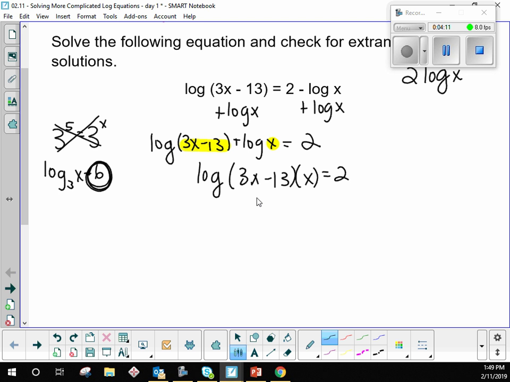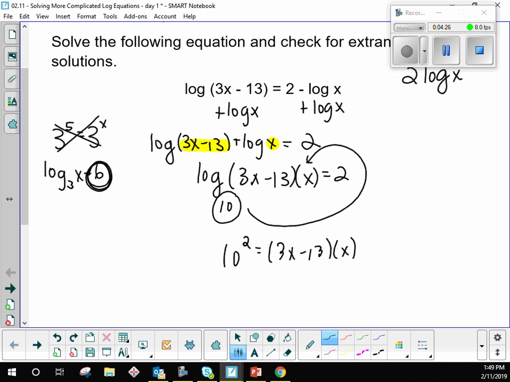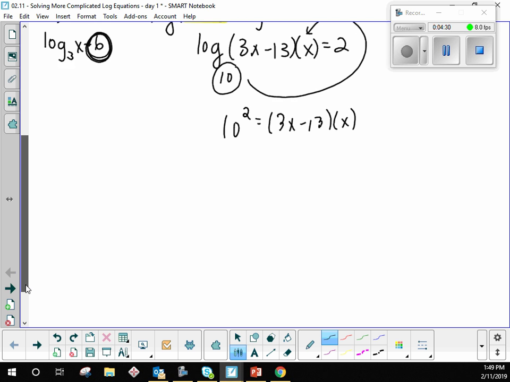Okay. So we write that in, and then we lasso. So we go like this. That gives me 10 to the 2 equals 3x minus 13 times x. So now there's no logs anymore, so I can continue with the problem and start solving.